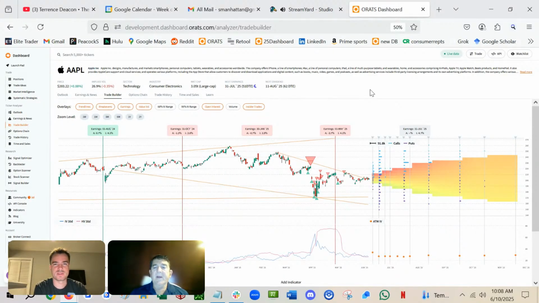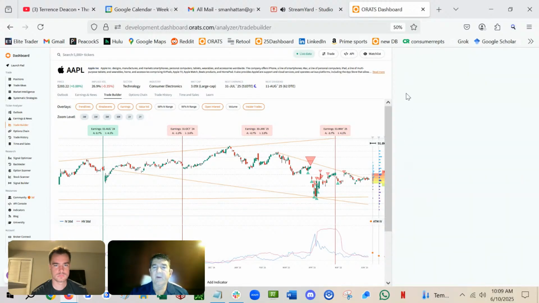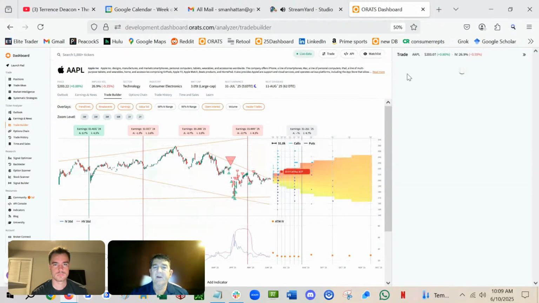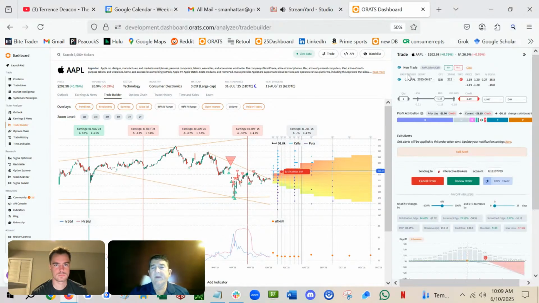Yeah, I mean, it's definitely something to consider when you're trading, and you want to get as many things in your favor as possible. So, if you were to click on one of these calls, for example, and click on the bid, then it'll put a sell in there, and so you want to get as many things in your favor as possible.